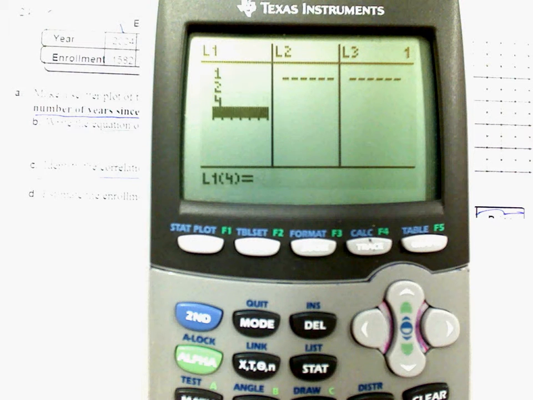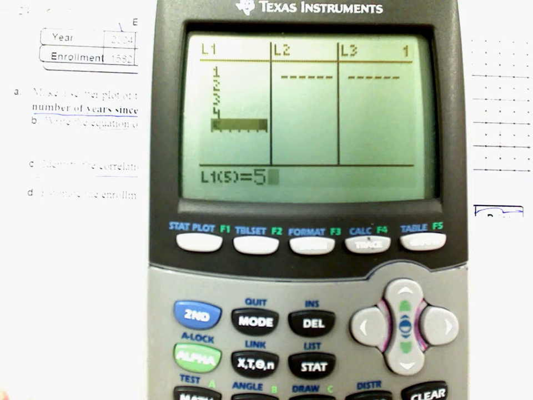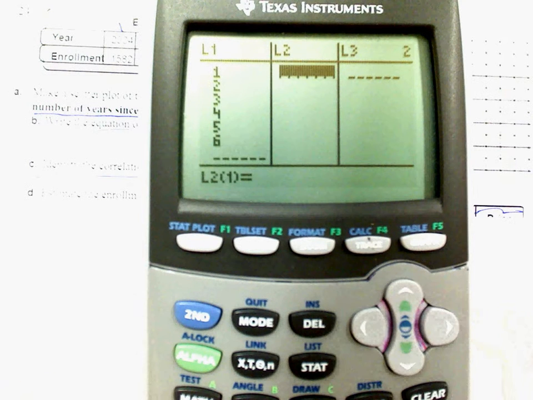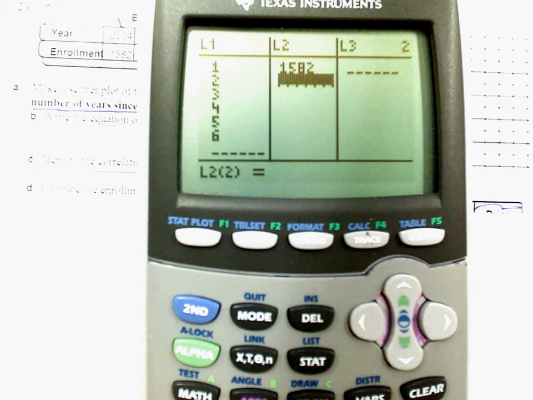Can you read off the 5th? 16, 16, 4. Okay, I entered my data.